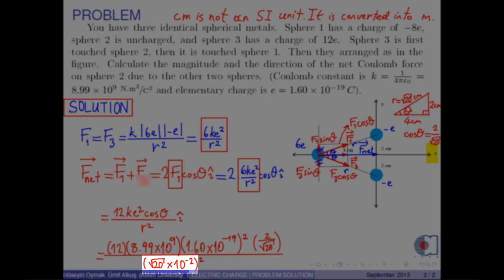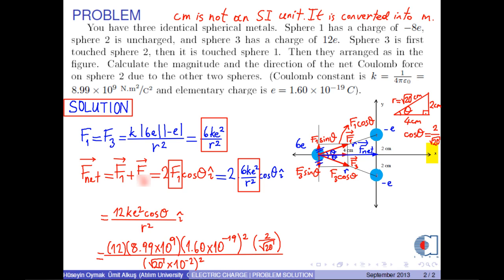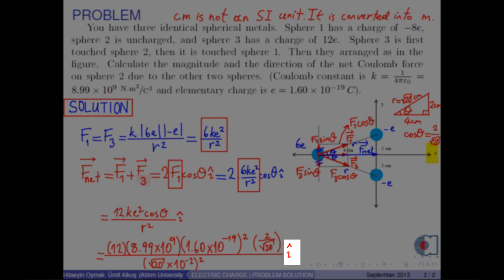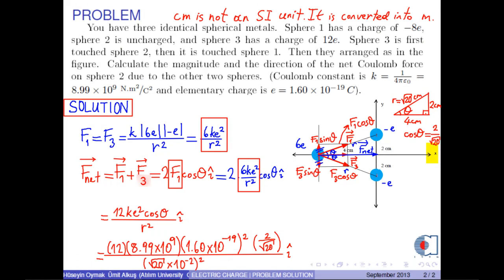So we obtain square root of 20 times 10 to the negative 2 meters. Finally, we add the direction of the F-net as i hat. As a result, the calculation gives 6.18 times 10 to the negative 24 newtons in the positive x direction.